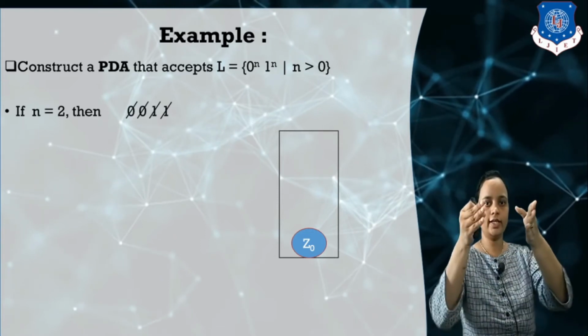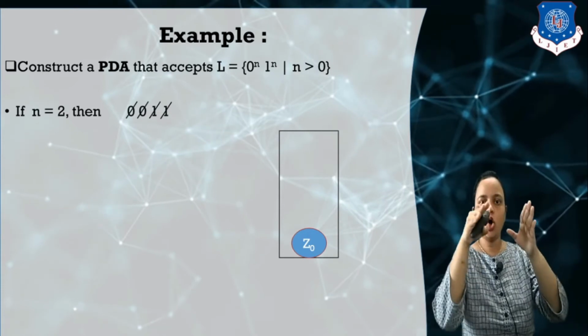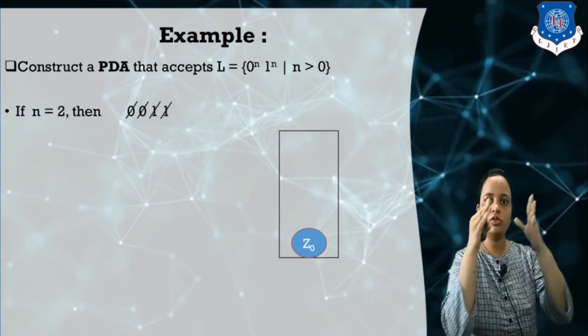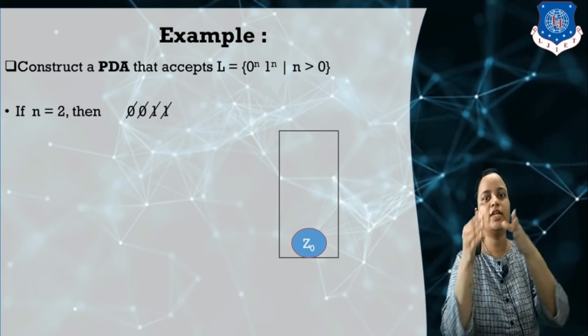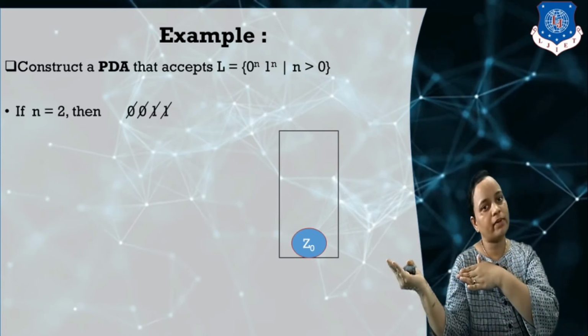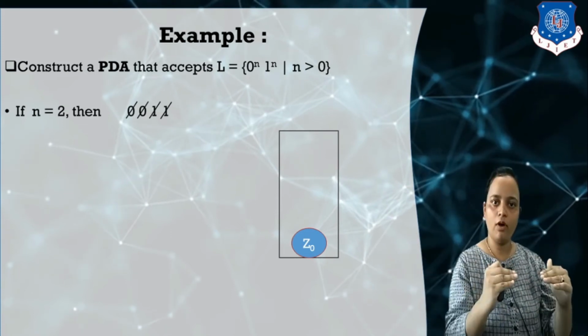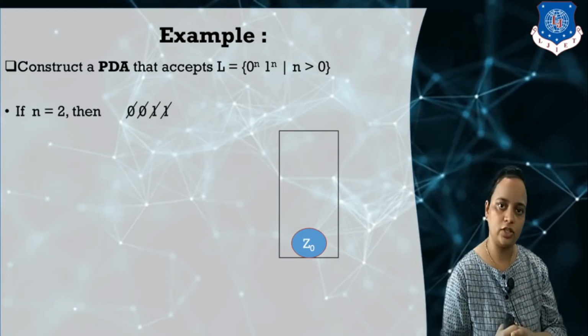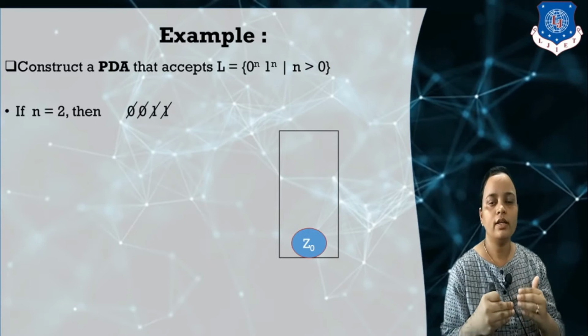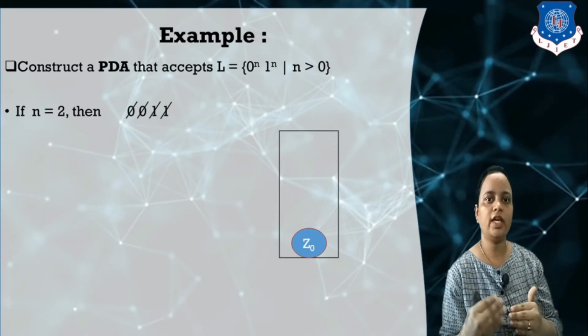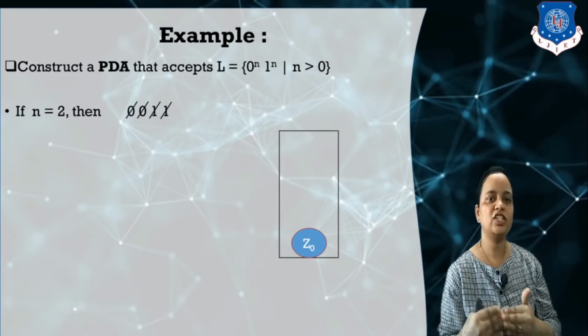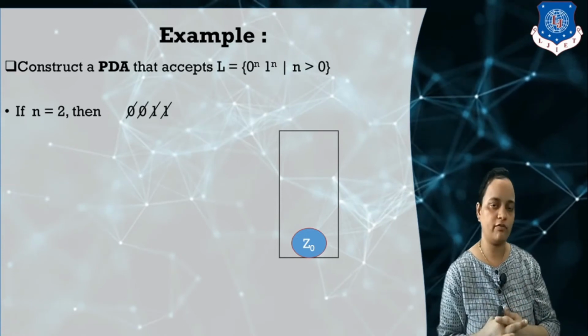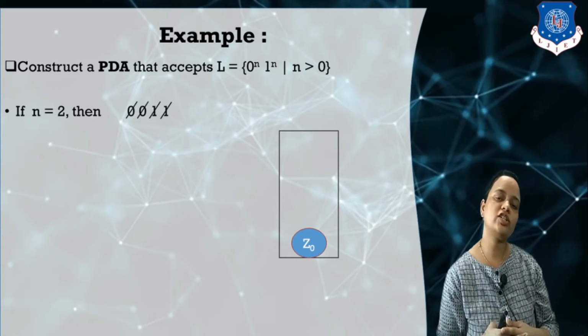So here is the comparison between 0s and 1s. The number of push operations is equivalent to the number of pop operations. For 0 we performed a push operation and for 1 we performed a pop operation. In this way we can compare the 0s and 1s, an equal number of zeros and ones. Now the next question arises.